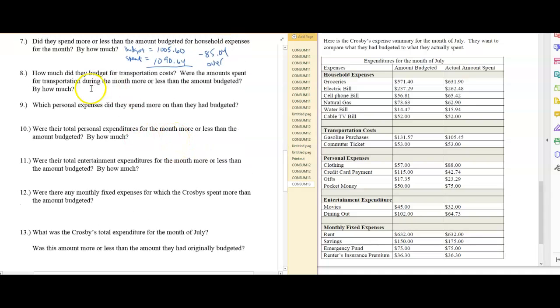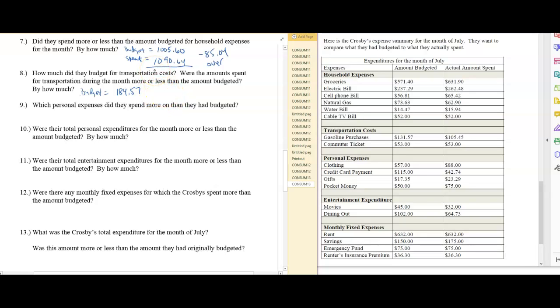So number 8, how much did they budget for transportation costs? Were the amounts spent for transportation during the month more or less than the amount budgeted, right? And by how much? Well, they anticipated a budget of, if I add those amounts together, the 131.57 plus 53, they budgeted $184.57, right?